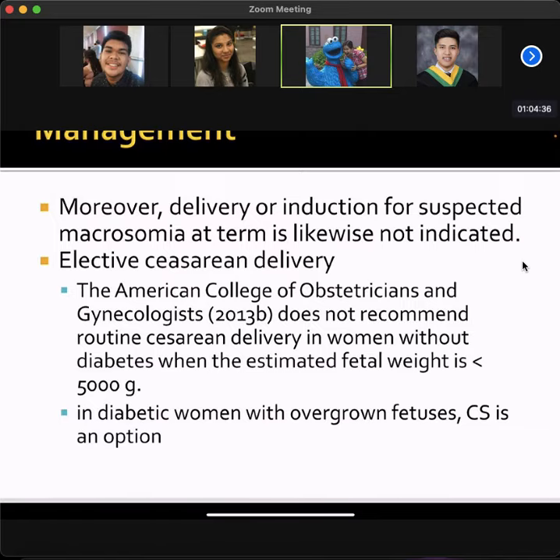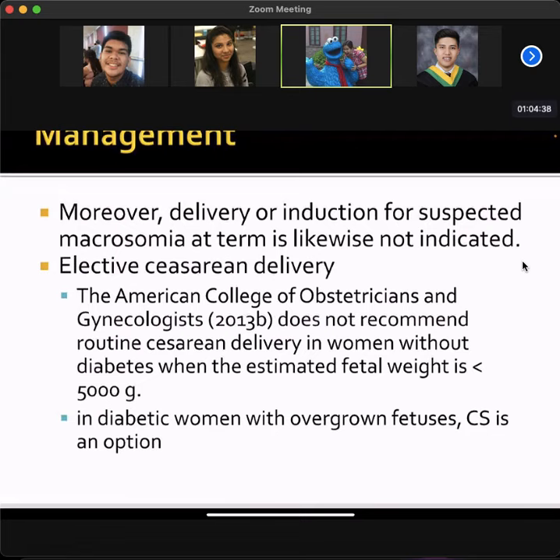Because if there is suspicion for macrosomia, then an elective cesarean delivery may be offered. The American College of Obstetricians and Gynecologists does not recommend routine cesarean delivery in women without diabetes when the estimated fetal weight is less than 5,000 grams. So, macrosomia in Caucasians is defined as a fetus with an estimated fetal weight of 5 kilograms in non-diabetic women.